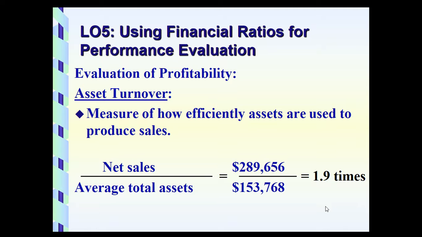We make that the denominator, and then we divide. And this one is reflected as times. So whatever our calculation yields, we're going to end up saying that's in this case, 1.9 times. Our sales are 1.9 times our average total assets.